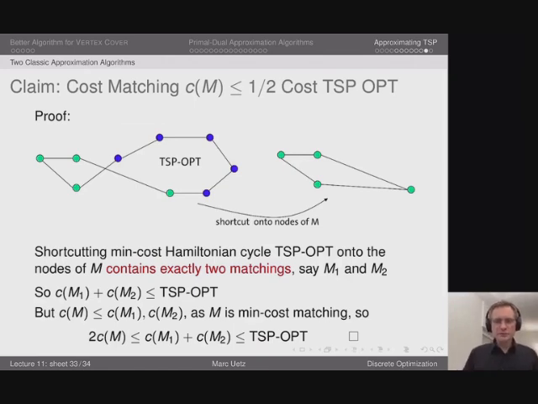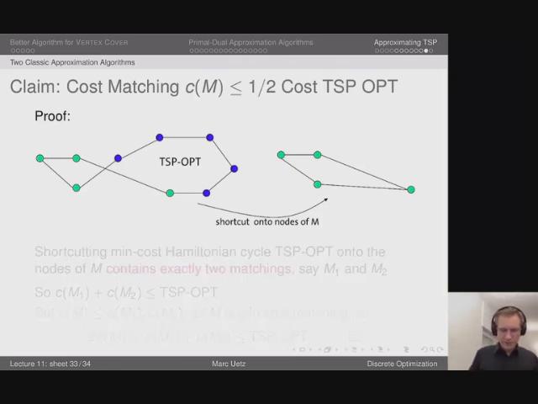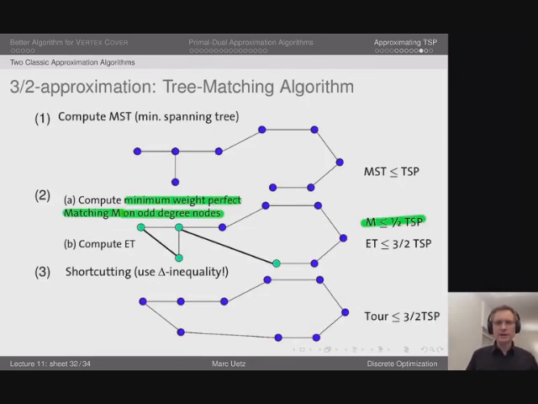So that finishes the proof and finishes the final argument on this beautiful approximation algorithm by Christofides from the 70s. And the nice thing about this algorithm, if I go back to the description of the algorithm, is really that we need a whole bunch of combinatorial arguments and algorithms that we also derived in this course.